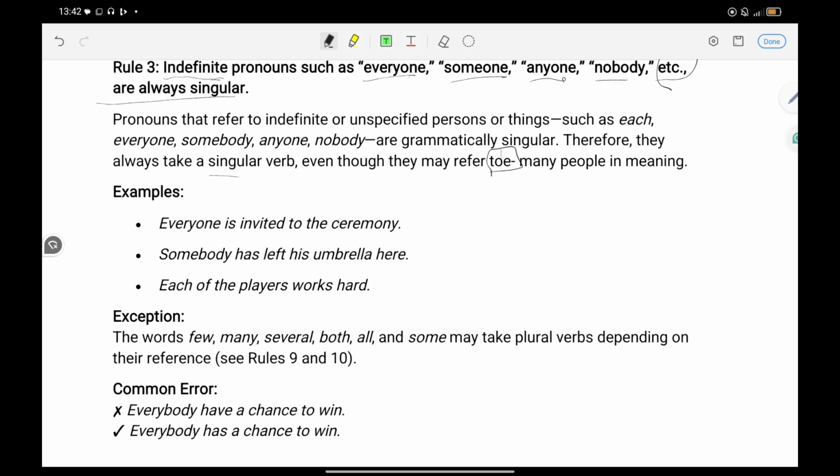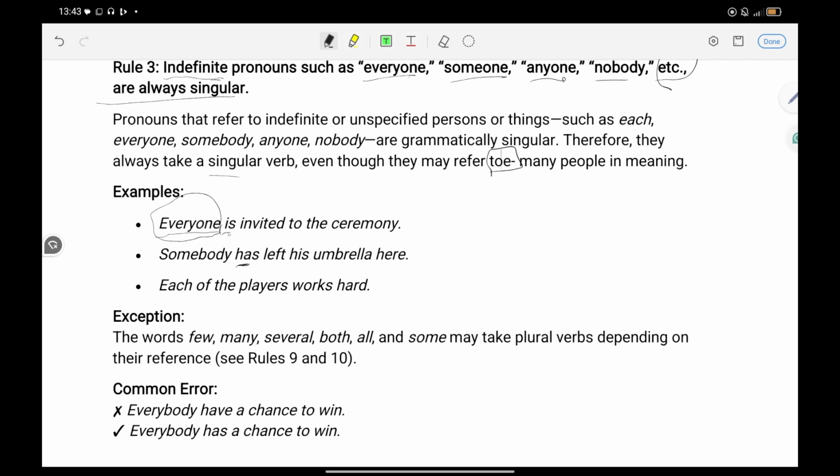Examples: everyone is invited to the ceremony. Everyone is invited. Why? Because everyone is an indefinite pronoun and it is regarded as singular. The same here, somebody has left his umbrella here.